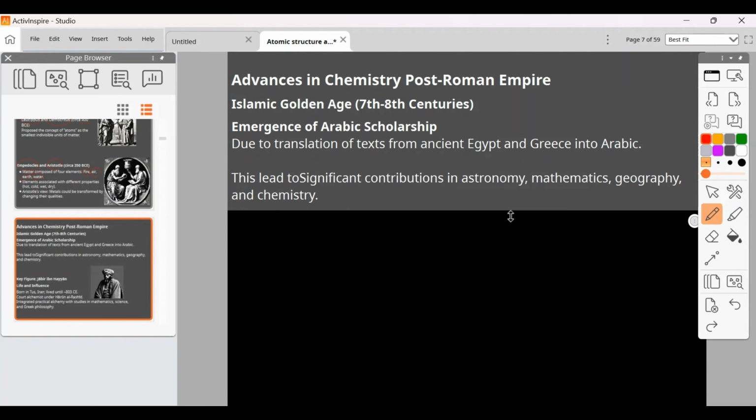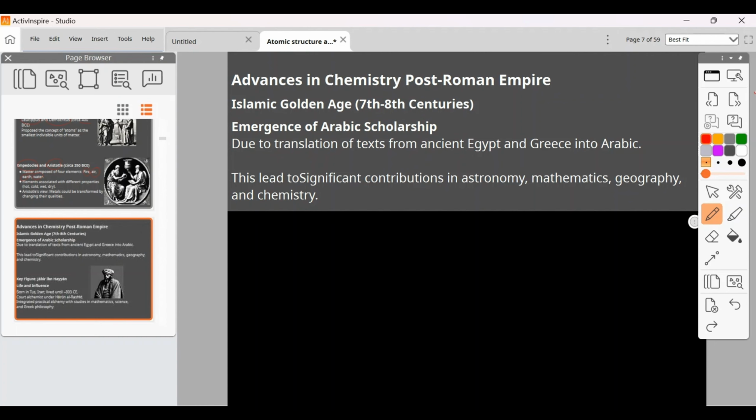Okay. Advances in chemistry after the Roman Empire. This was the Islamic Golden Age, 7th to 8th centuries. And this is the emergence of Arabic scholars. Why did this emergence of Arabic scholars take place?